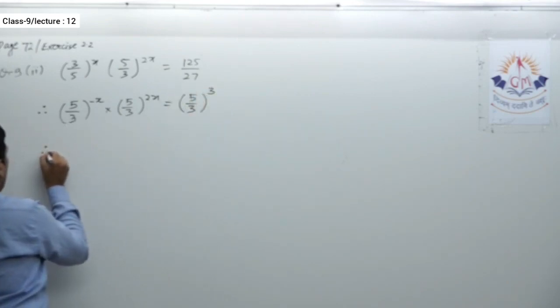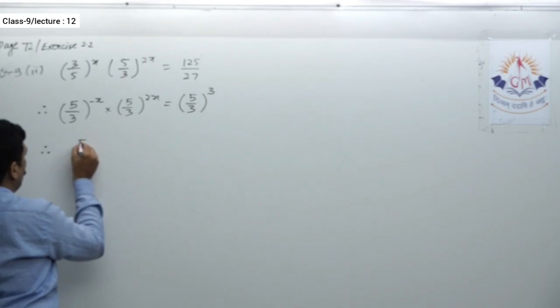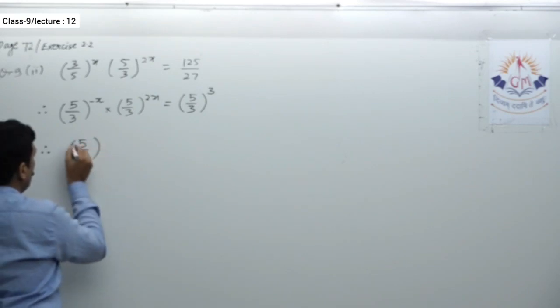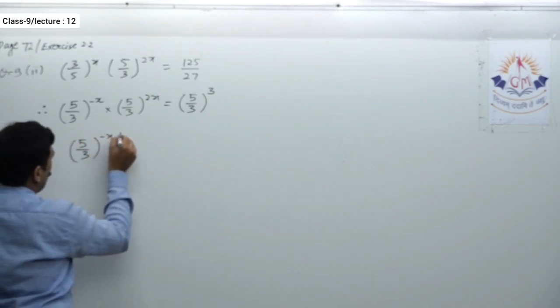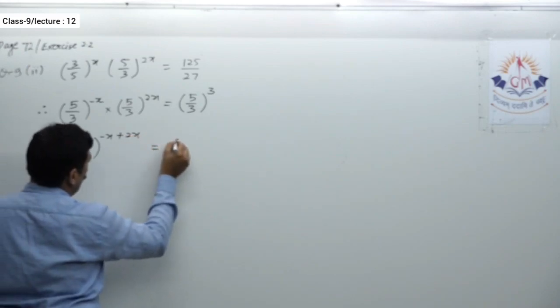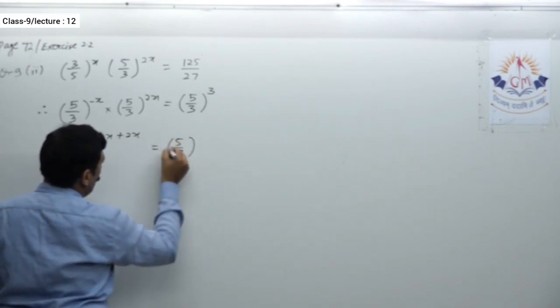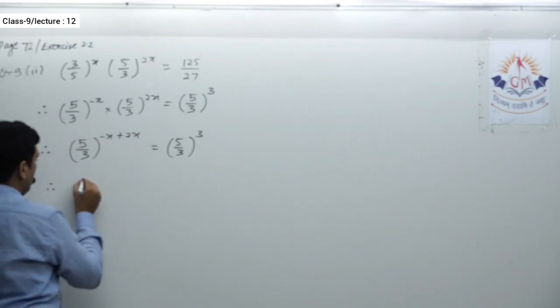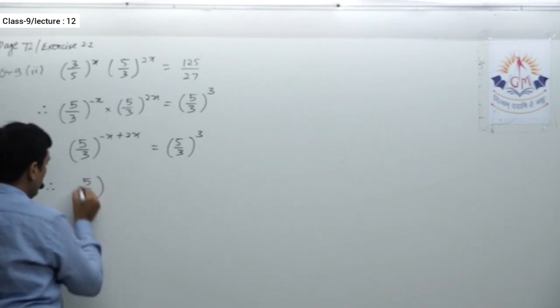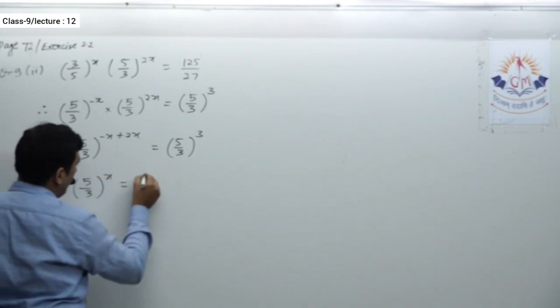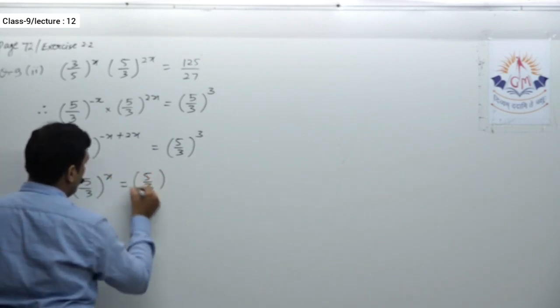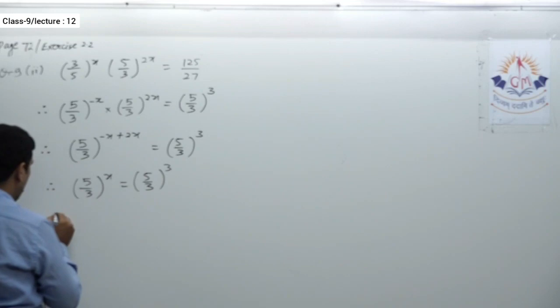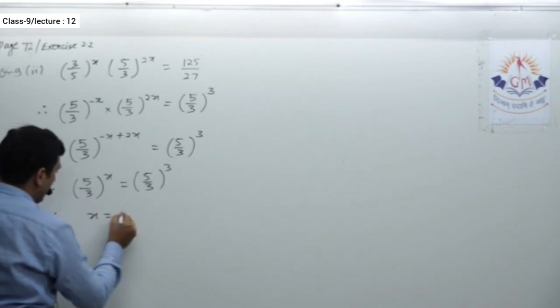So now over here the bases are same, so I can write 5 upon 3 raised to minus x plus 2x, and over here 5 upon 3 raised to 3. So here now 5 upon 3 raised to x is equal to 5 upon 3 raised to 3. Now bases are same, so definitely I can say x equal to 5.